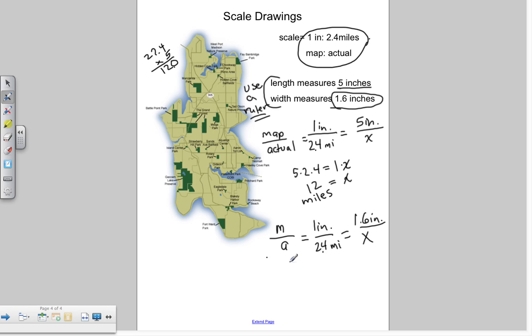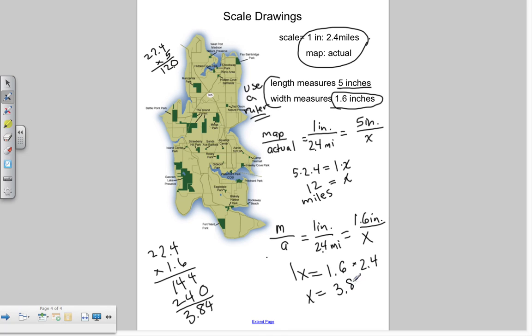Cross multiply, I get 1x equals 1.6 times 2.4. And yes, I used an x because the dots were too much. Okay, using a calculator would ease the tension here or the time. 24, 12, 13, 14, 0, 4, 2, 3.84, move the decimal 2 over, and you get x equals 3.84.